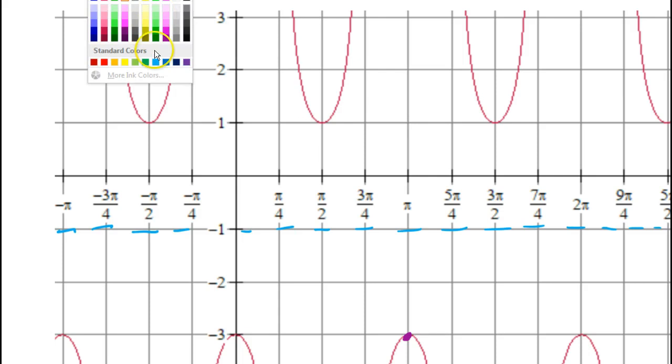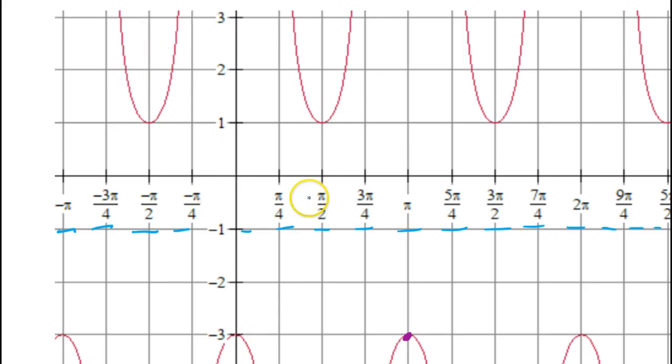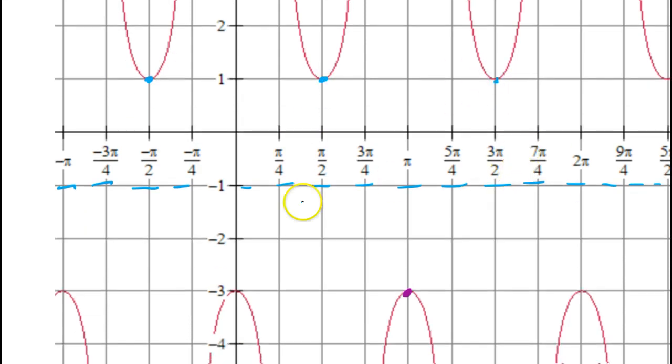Maybe I'll use that pretty blue color I was using a moment ago. So the sine function has to hit these points. These peaks and valleys have to be hit, so I've got to respect that. And along the way it's going to have to hit the midline, halfway in between.